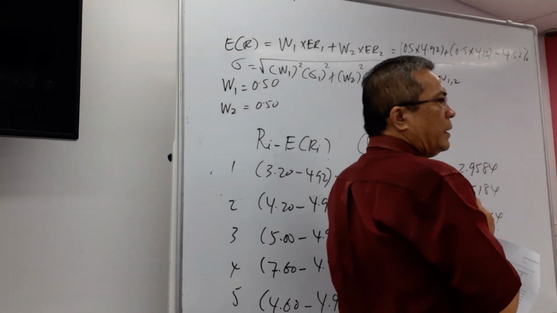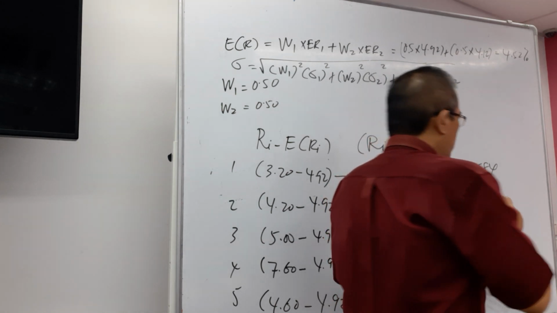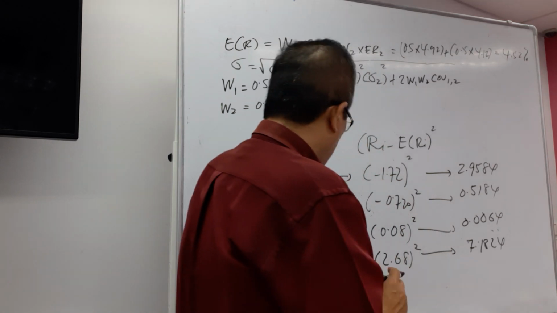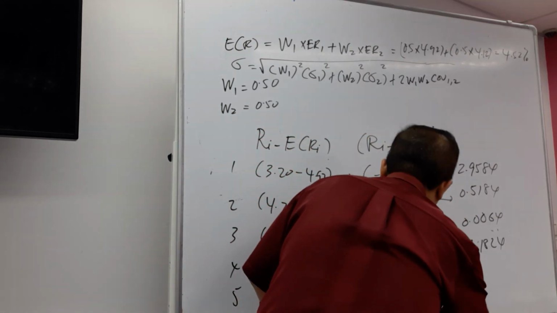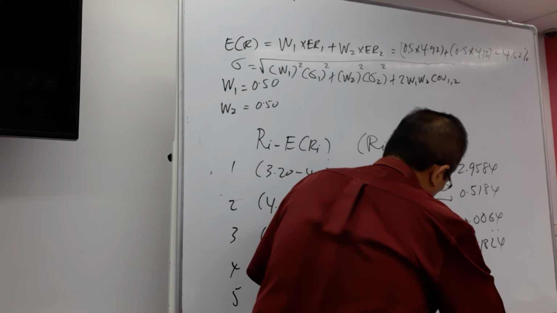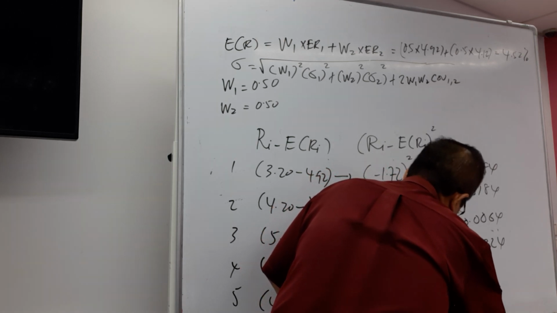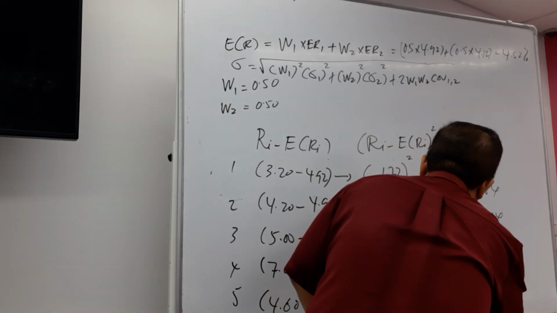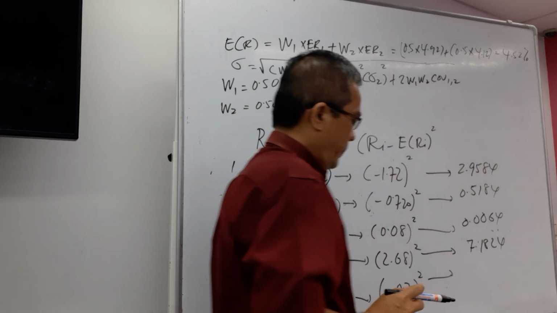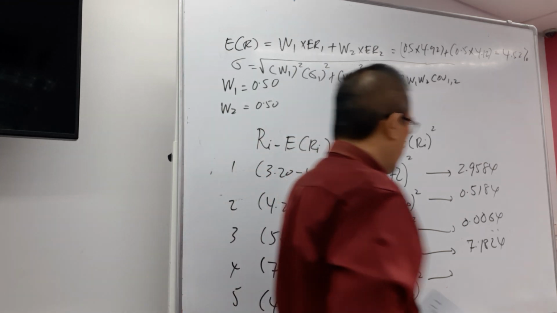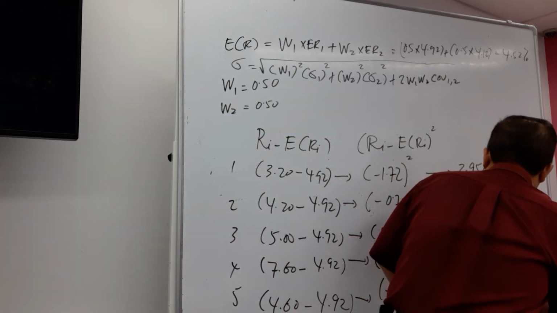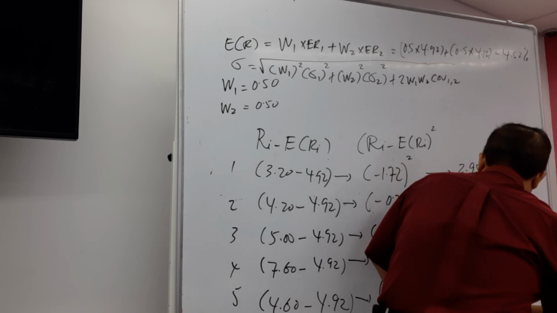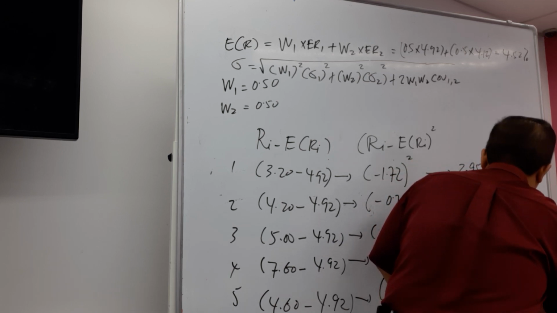The last month, 4.6 minus 4.92, is negative 0.32, and 0.32 to the power of 2 is 0.1024.